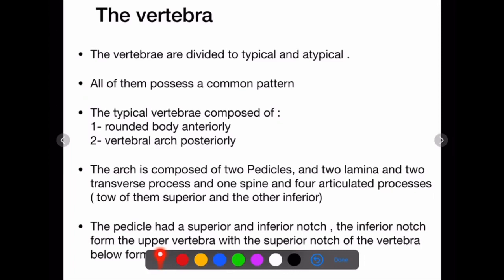The pedicle has a superior and inferior notch. The inferior notch of the upper vertebra, with the superior notch of the vertebra below, forms the intervertebral foramina.